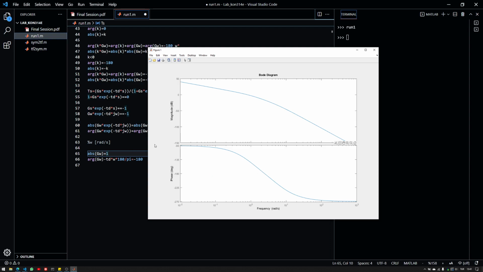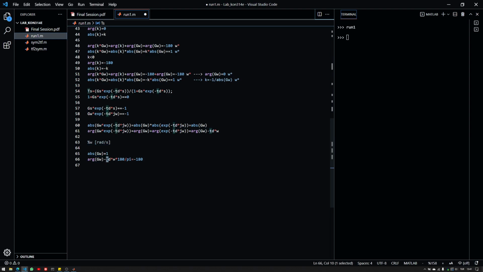So this margin and the frequency where this happens will determine the amount of delay that can be added to the system. So this is how we can determine how much delay we can add, and then use a unit feedback and determine its stability interval. So by the way, this is basically called the phase margin, what we're looking at, because at that frequency we have a certain negative value, and then there's a margin to minus 180 degrees, or a distance to that, that will give us the phase margin here.